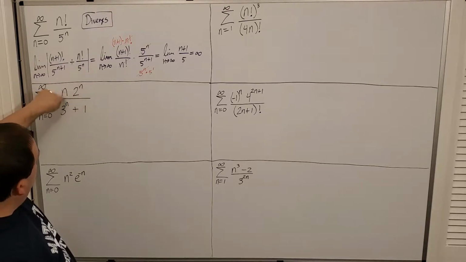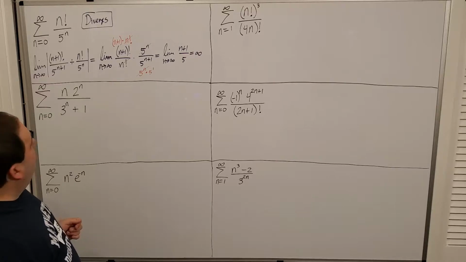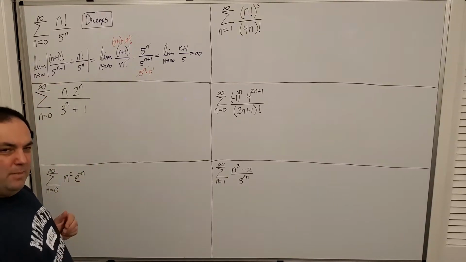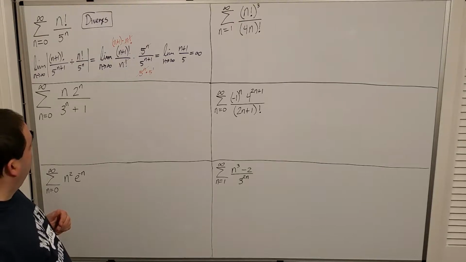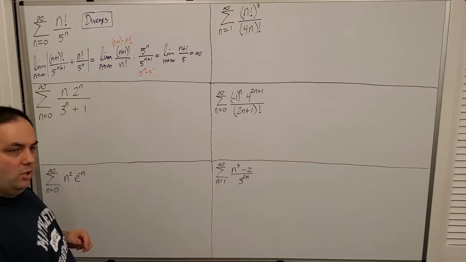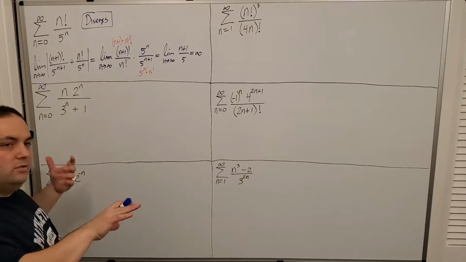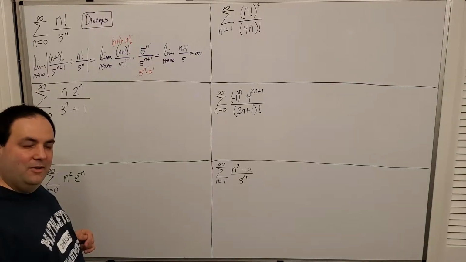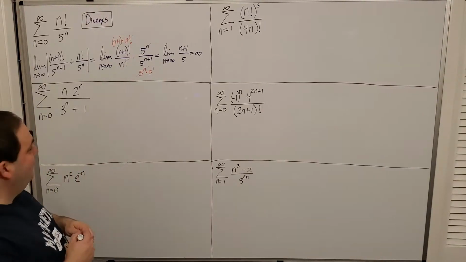I have 2 over 3 all to the n. But the other problem is the times n. So it has that multiplication mixture going on here. That makes it a perfect candidate for ratio test also, because I'm going to be able to divide and conquer, for lack of a better way of saying it, right?